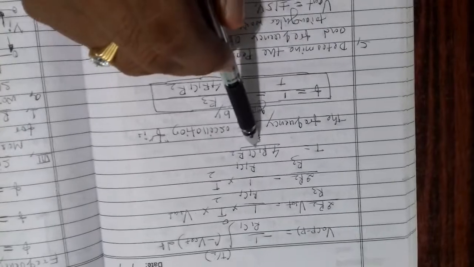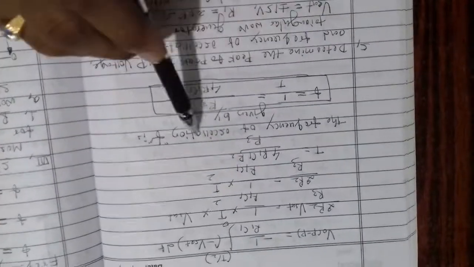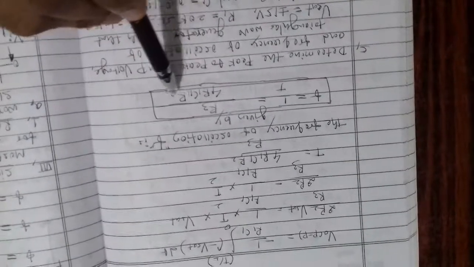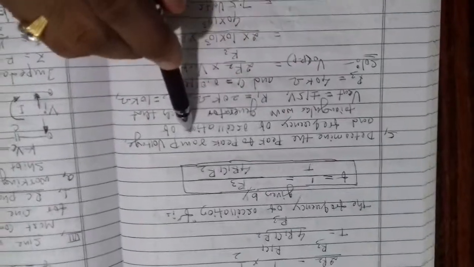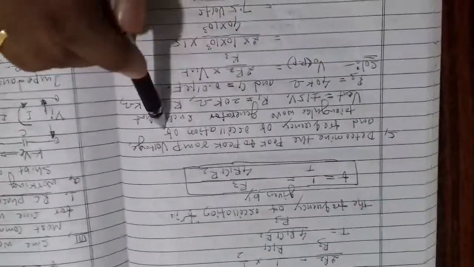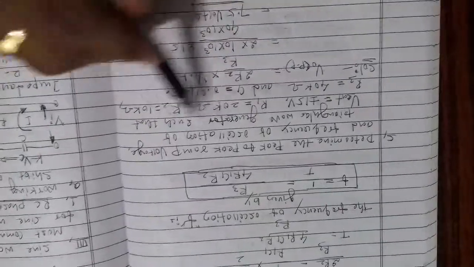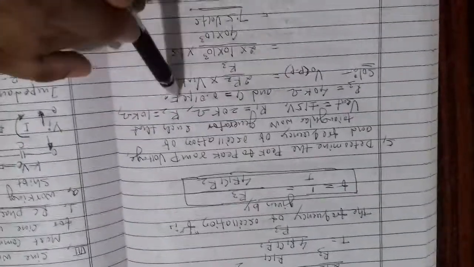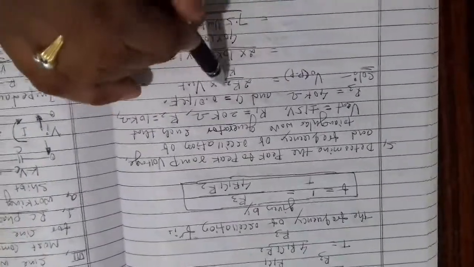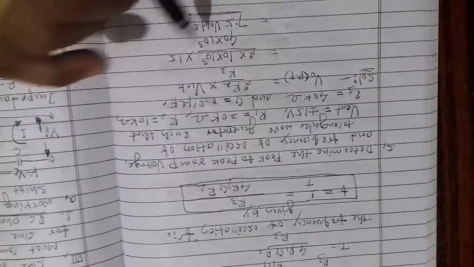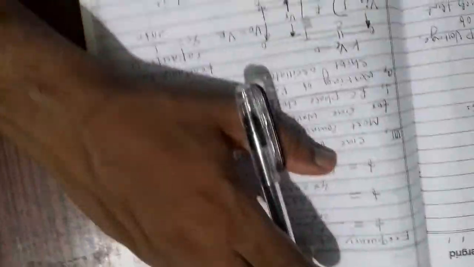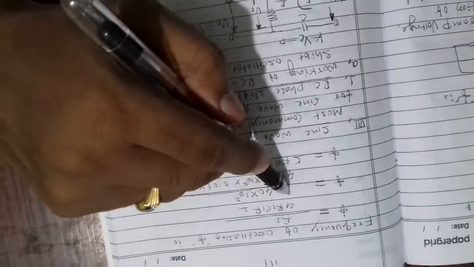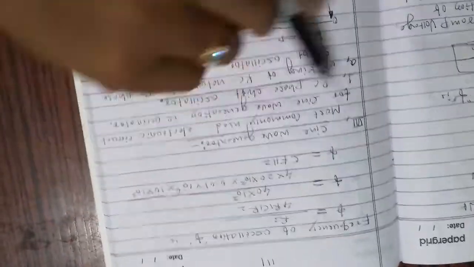T is equal to 4 R1 C1 R2 upon R3. The frequency of oscillation F is given by F is equal to 1 upon T is equal to R3 upon 4 R1 C1 R2. Determine the peak to peak ramp voltage and frequency of oscillation of triangular wave generator such that plus or minus 15 volts, R1 20 kilohms, R2 10 kilohms, R3 50 kilohms. The peak to peak output voltage is 2 R2 upon R3 into V saturation, equal to 7.5 volts. Frequency of oscillation F is equal to R3 upon 4 R1 C1 R2, 5 kHz.